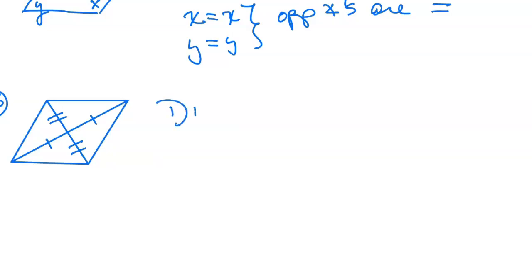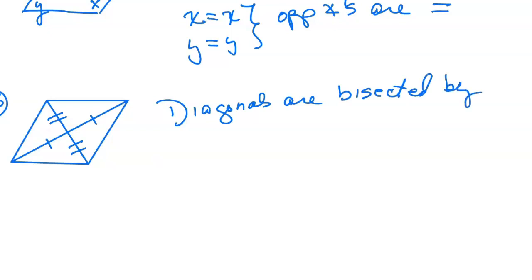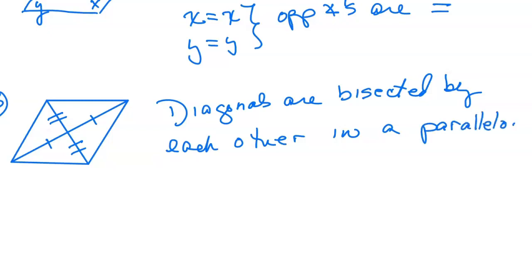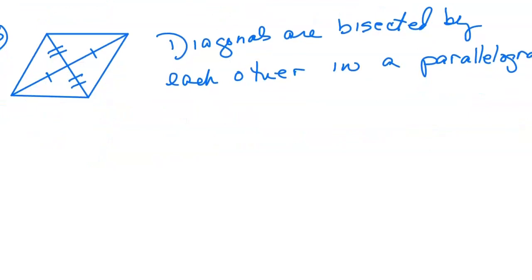And I'm going to say diagonals are bisected by each other in a parallelogram. You may want to make flashcards of this because you should be able to draw and write.